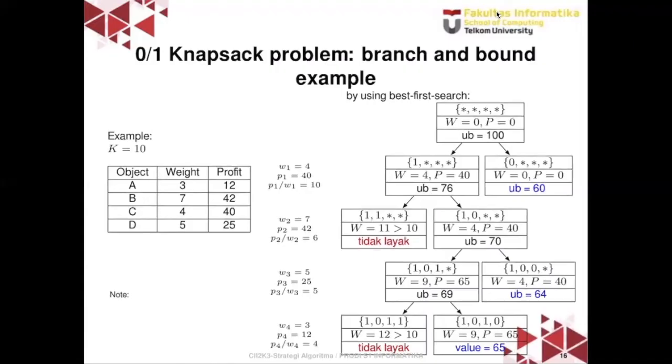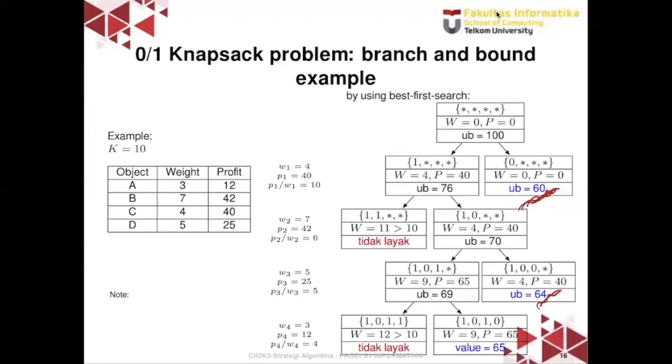And if we see the other leaves we have here, 60 and 64 are not better than 65. It means that even if we continue this node, then the final solution will not give us a better result than 60.